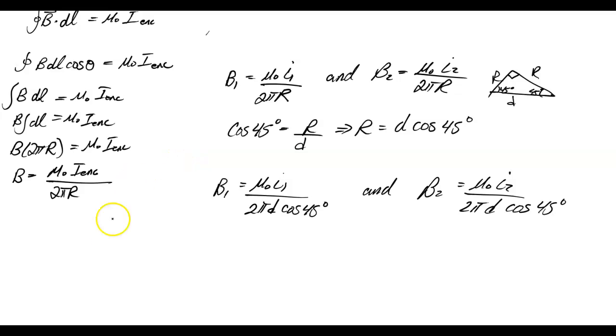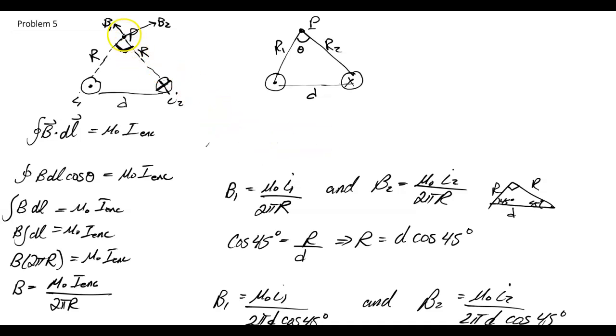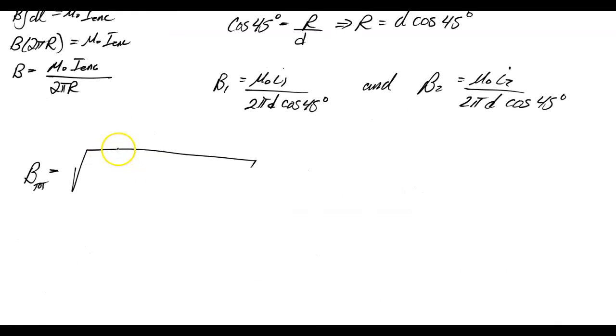And now, since we have the two components of the magnetic field, we can say that B in magnitude, B total, is going to equal the square root of, and notice that the way the geometry is, if there is 90 degrees between the R's, it has to be 90 degrees between B1 and B2.